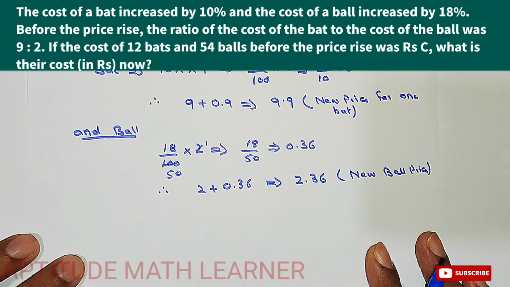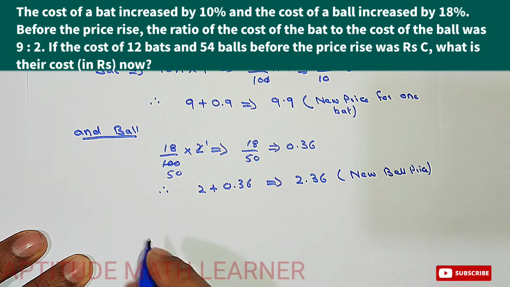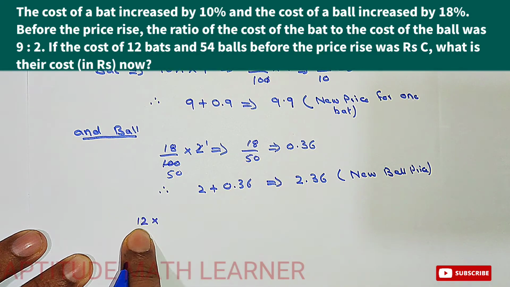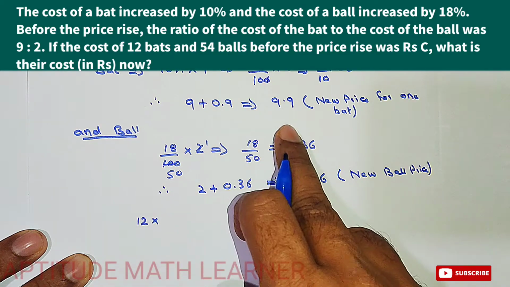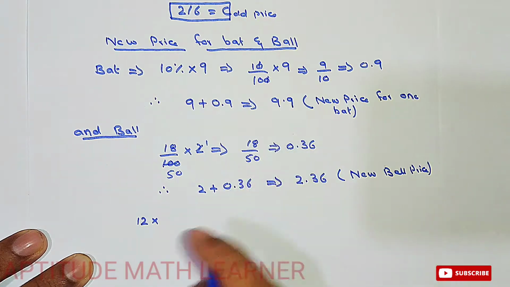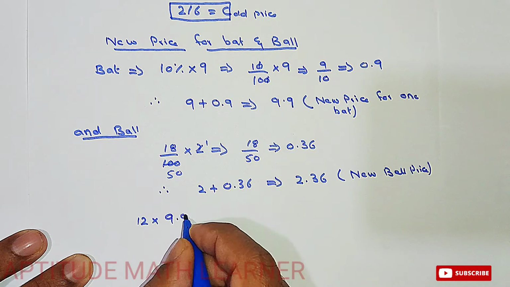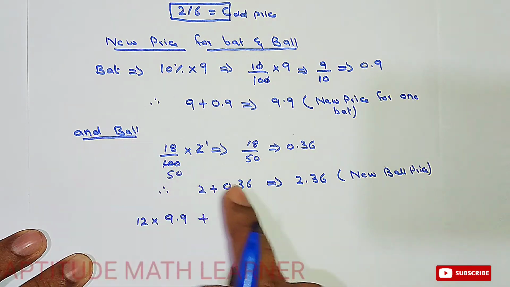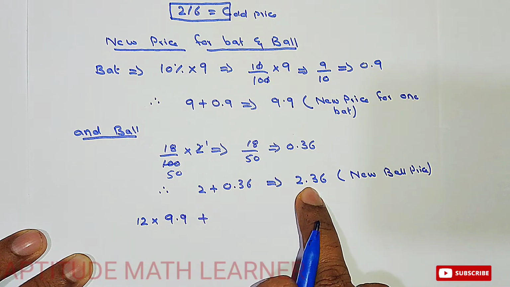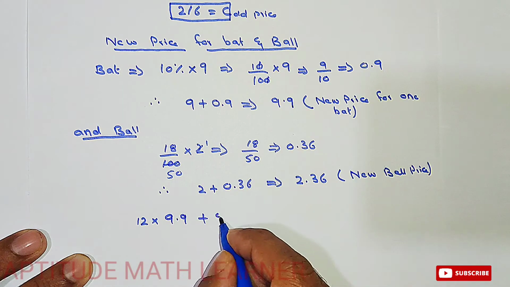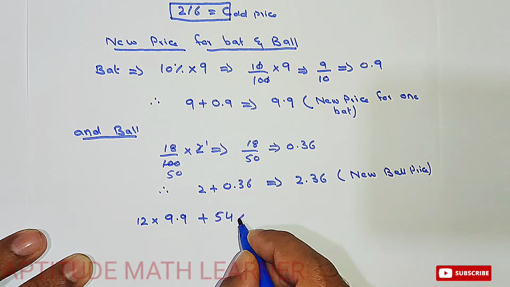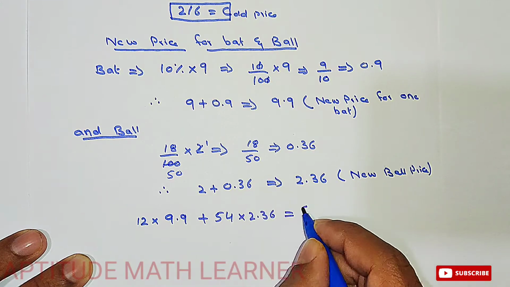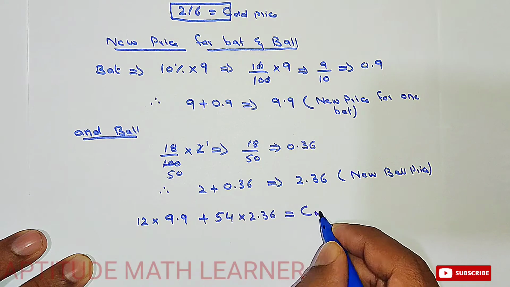So 12 multiplied by the new price 9.9, plus for the ball, 54 multiplied by 2.36, and this becomes the new price.